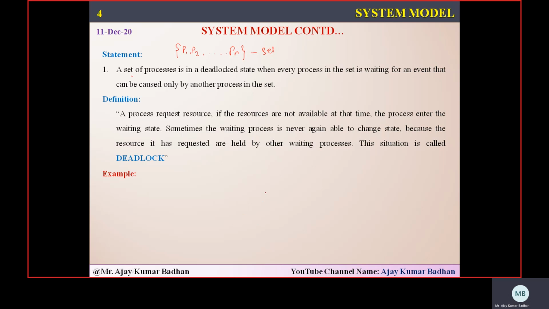Let us suppose that we have 3 CD drives. These are the resources: CD, CD, and CD. This is resource 1, resource 2, resource 3, R. And let us suppose there are 3 processes, P1, P2, P3.